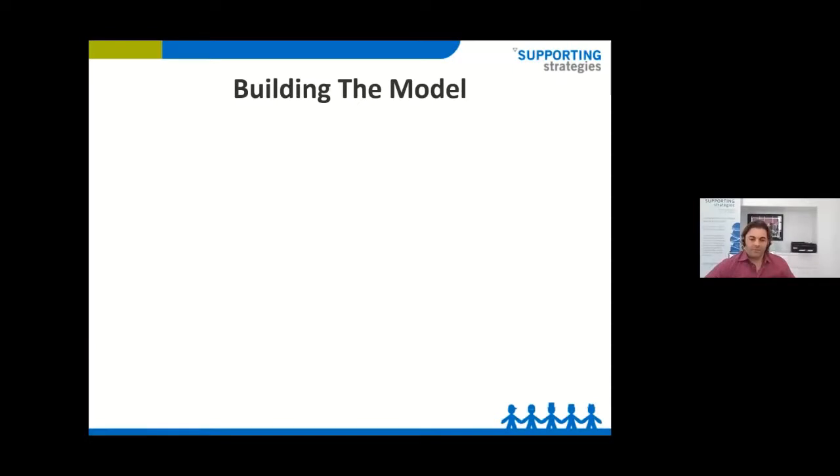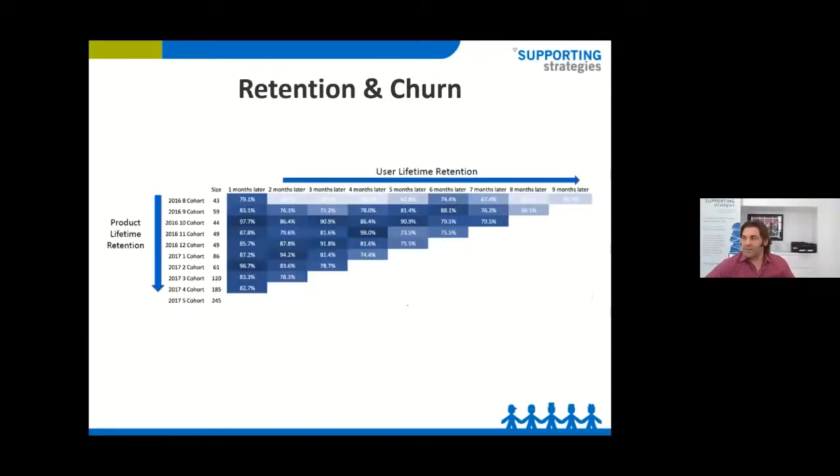But for now, if I'm just looking at this right here, to calculate lifetime value, we say, all right, these 43 people, how many of those people are paying for the product today? And how many of them are paying 2 months later and 3 months later and so on in a subscription-based business?